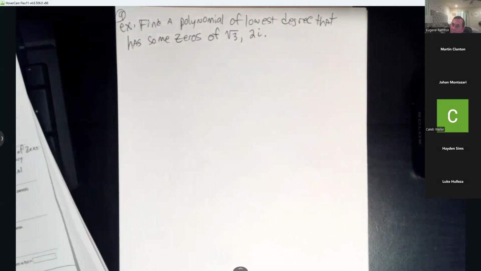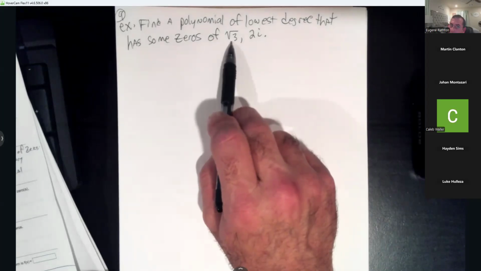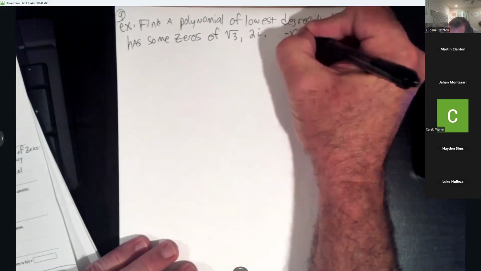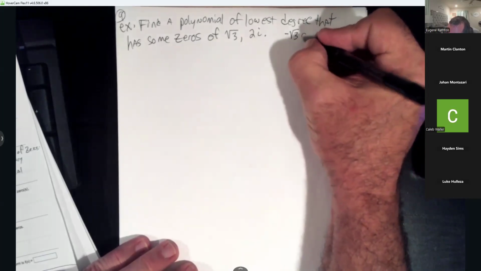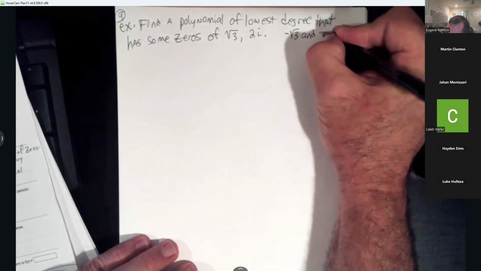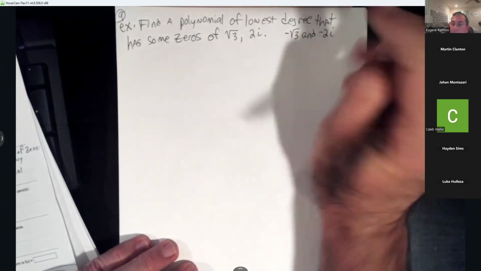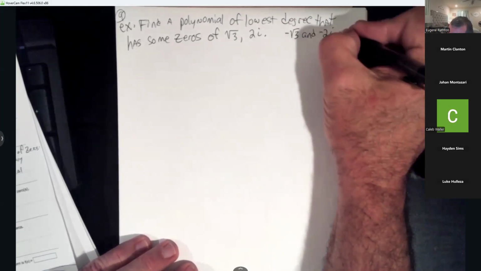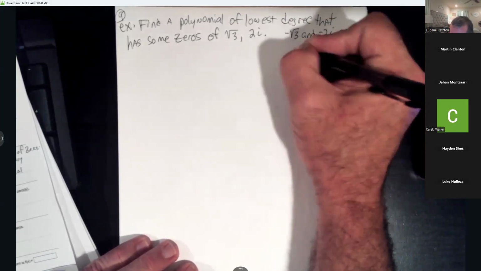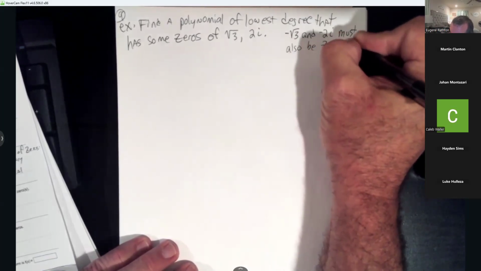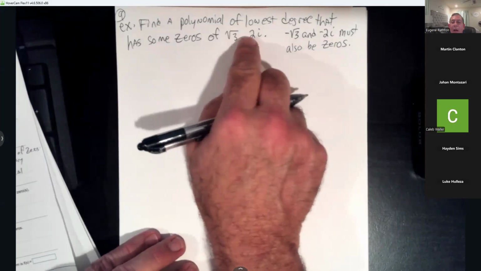All right, y'all, since they're giving me a square root of 3, that means negative square root of 3, and they gave me a 2i, so that means a negative 2i. Both of these must also be zeros. Both of these have conjugate pairs.